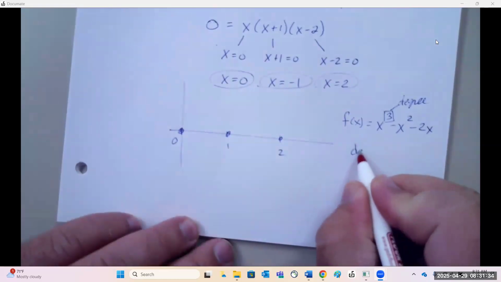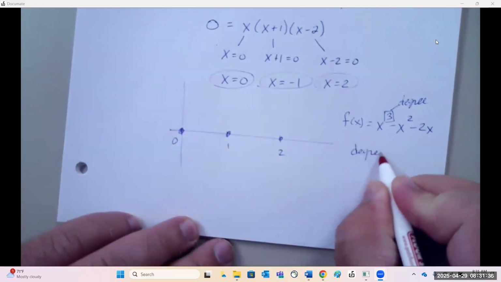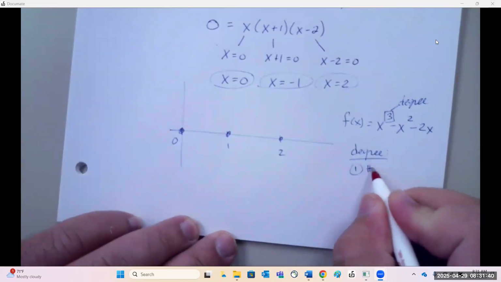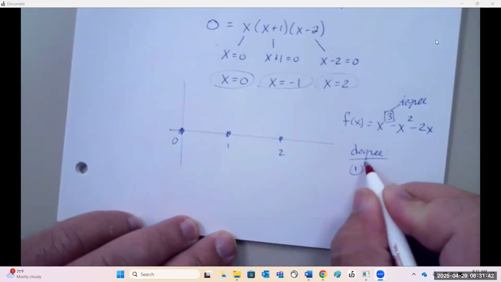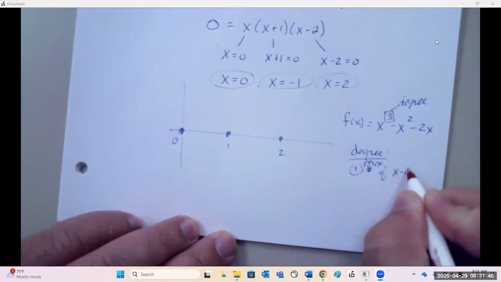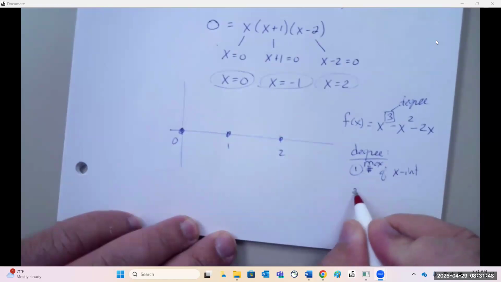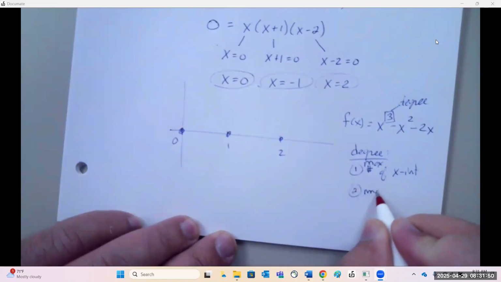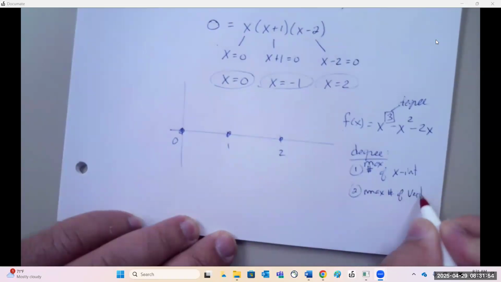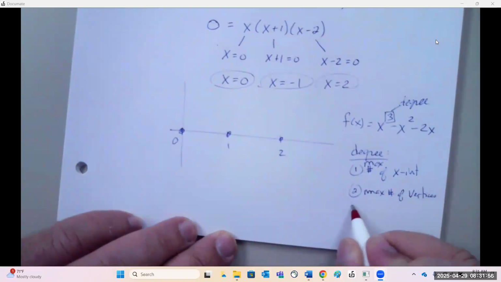The degree tells us the maximum number of x-intercepts and the maximum number of vertices.